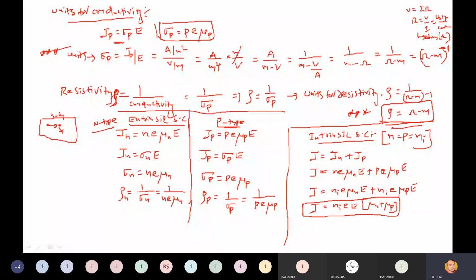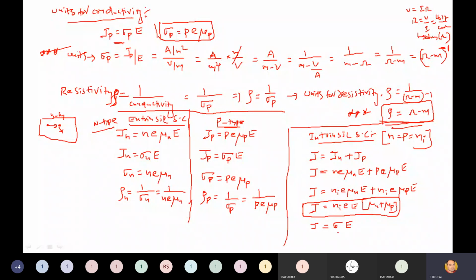Similarly, we can write this in terms of conductivity. J is equal to sigma into E. What is sigma here?